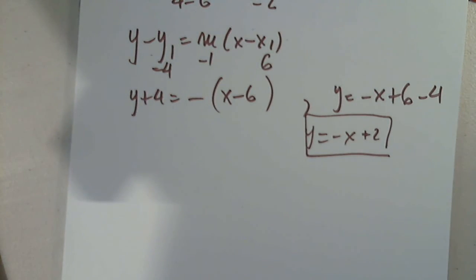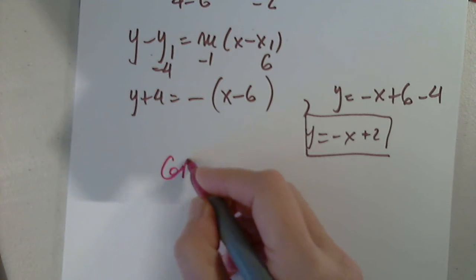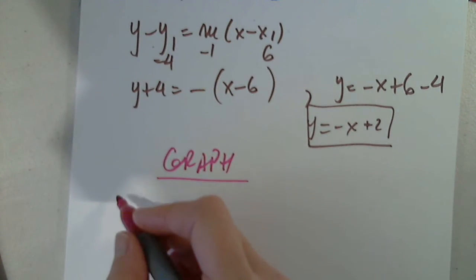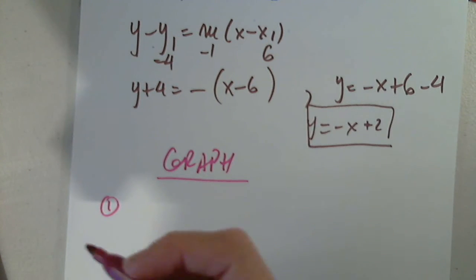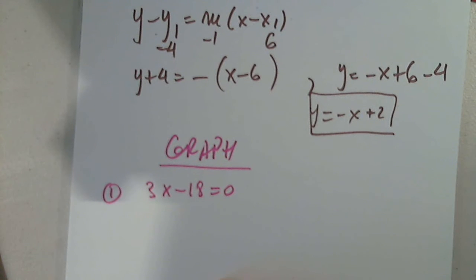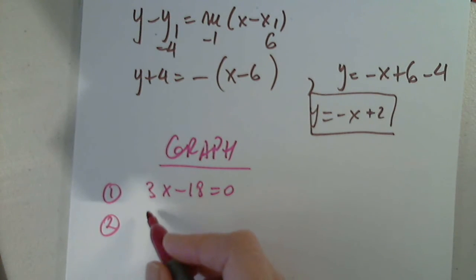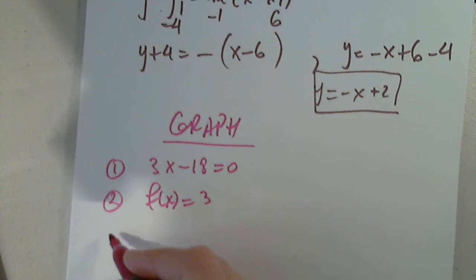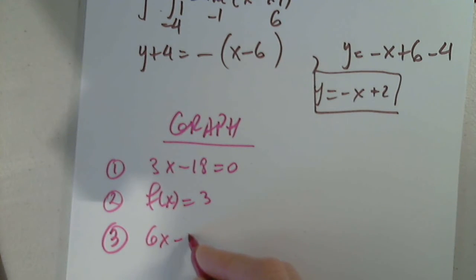Let's look at some graphing now. So let's graph. I'm going to choose a few. Number 1, which is for 57, as 3x minus 18 equals 0. Then I would like to look at f of x equals 3. And the third problem, let's say, is 6x minus 5y minus 20 equals 0.